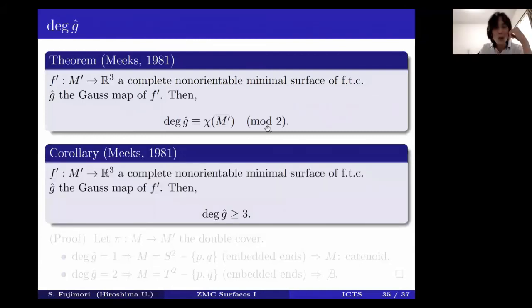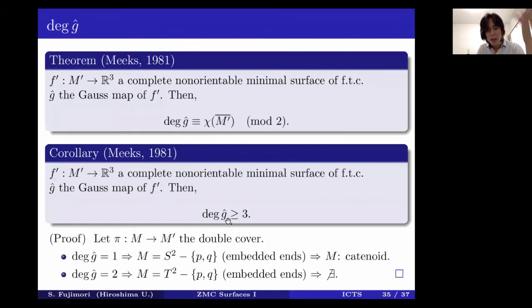So as a corollary, for a complete non-orientable minimal surface of finite total curvature, the degree of the Gauss map satisfies greater than or equal to 3. If the degree is 1, then the surface must be a catenoid, which is not non-orientable, or if the degree equals 2, then the surface doesn't exist.